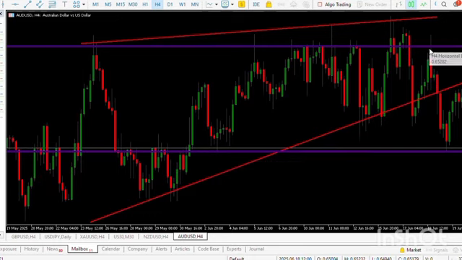This market, first of all, came down to this level, making a second bottom touch. That is because there was already a kind of demand zone here. A little demand zone was already at this point.